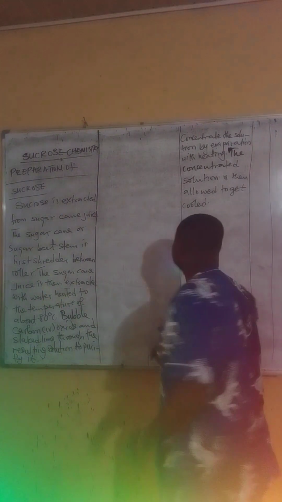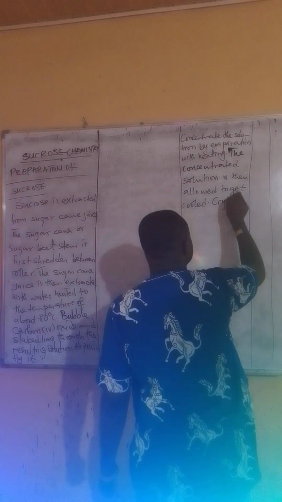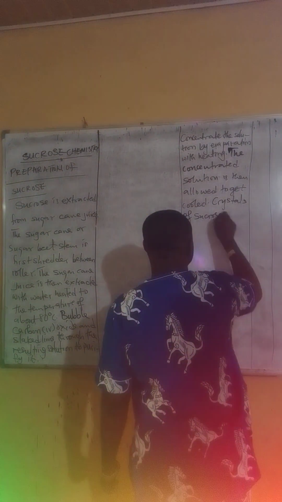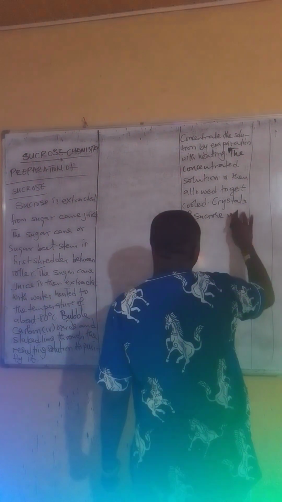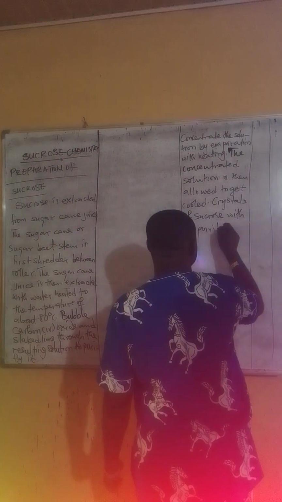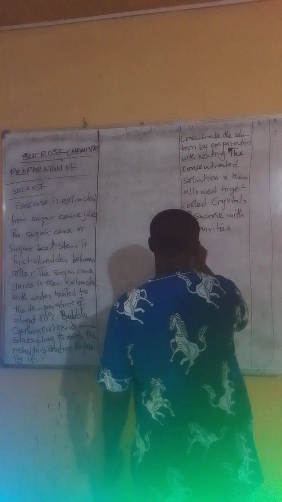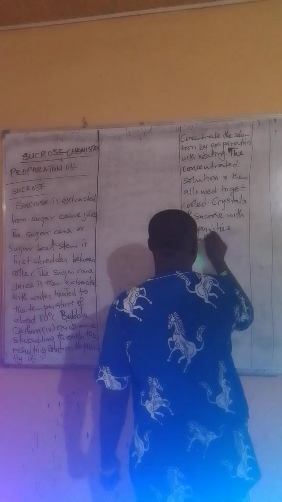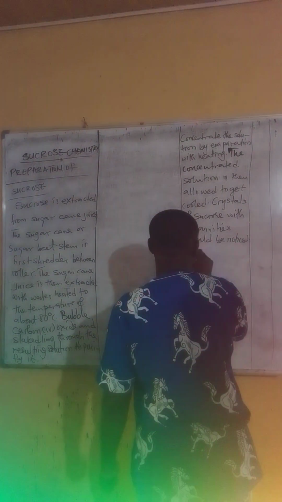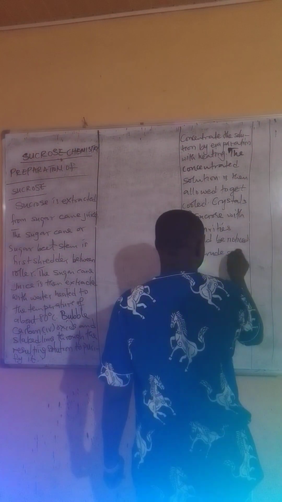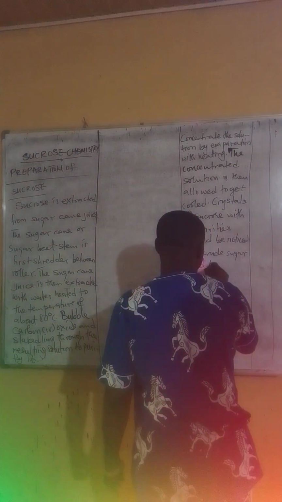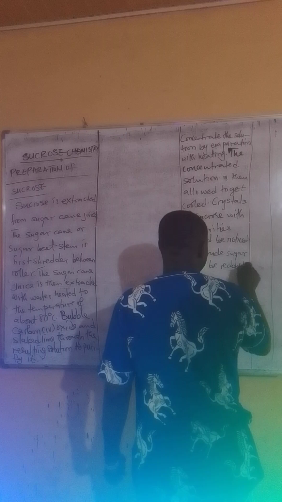As it gets cooled, crystals of sucrose with impurities will be noticed. The crude sugar will be reddish brown.